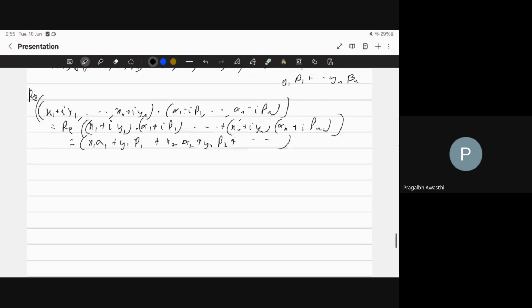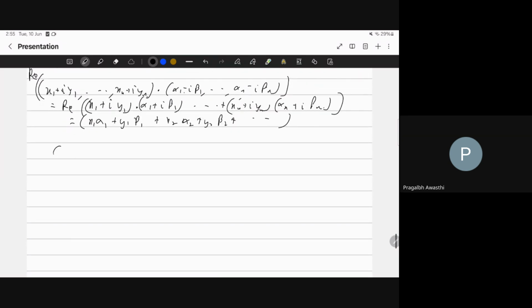Keeping this in mind, now consider a convex subset in Cn, and let z naught belong to the boundary of this convex open subset omega.